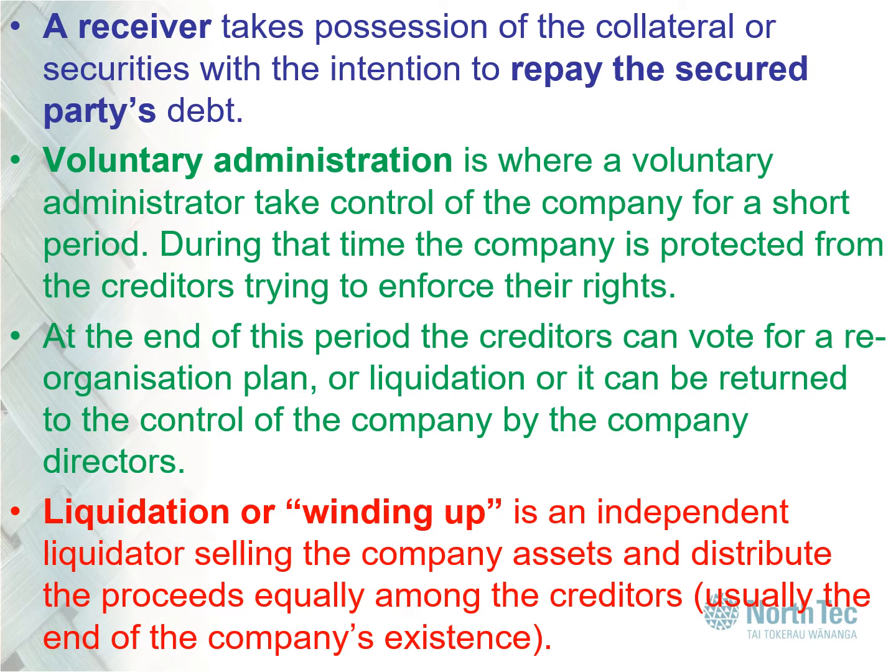During that time, the company is protected from the creditors trying to enforce their rights. At the end of this period, the creditors can vote for a reorganization plan or liquidation, or it can be returned to the control of the company directors. In other words, it can be given back to the company itself for internal control instead of external control.